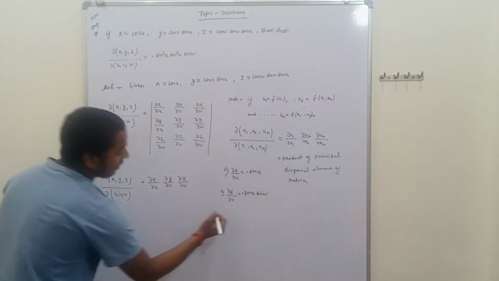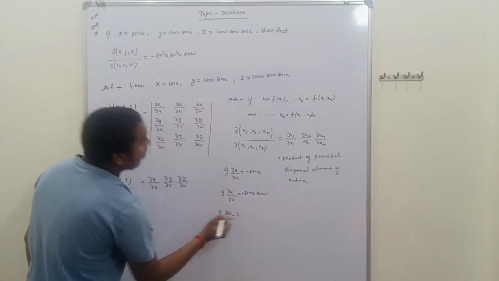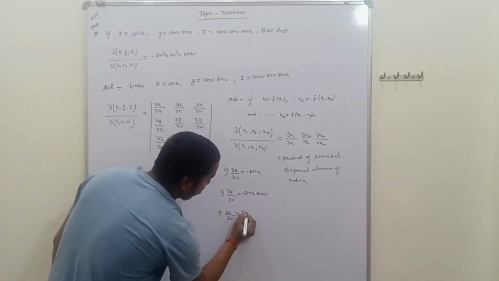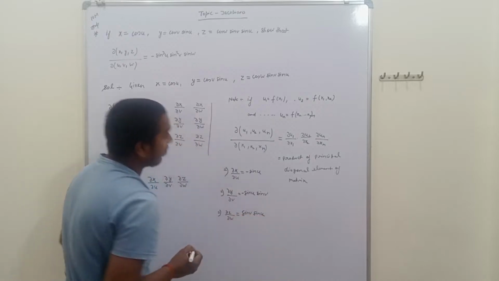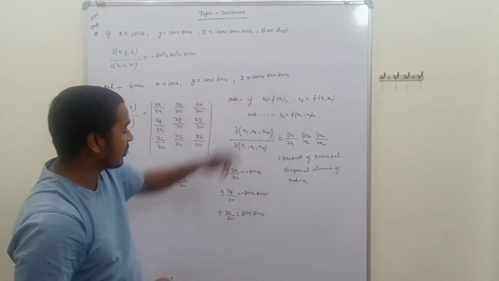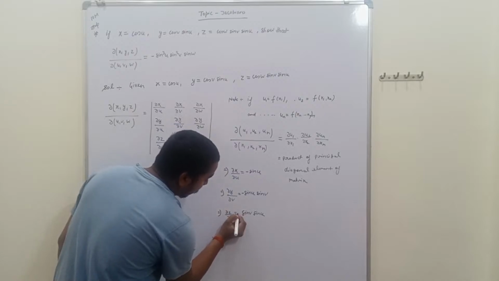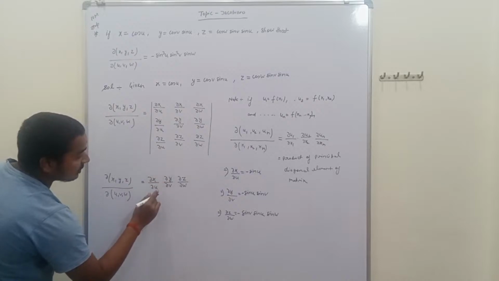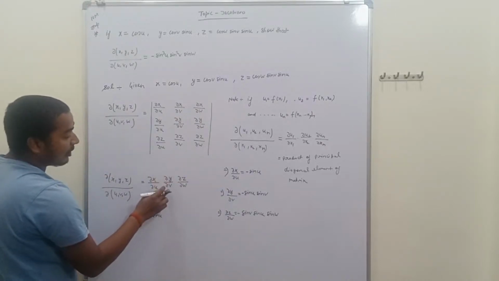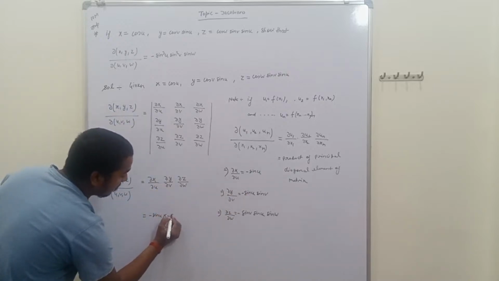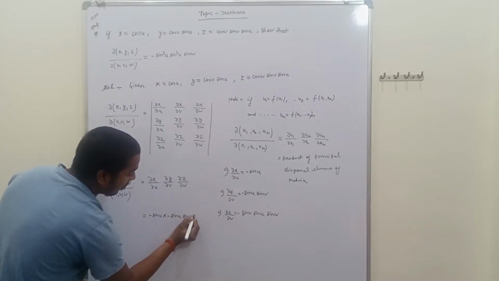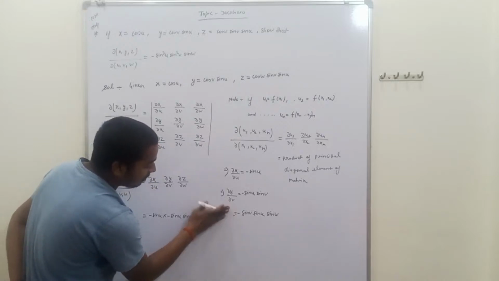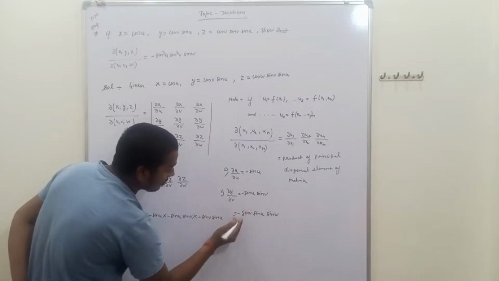Further, ∂z/∂w: partially differentiating z with respect to w, taking sin v and sin u as constants and differentiating cos w with respect to w, gives minus sin v sin u sin w. So ∂x/∂u is minus sin u, ∂y/∂v is minus sin u sin v, and ∂z/∂w is minus sin v sin u sin w.